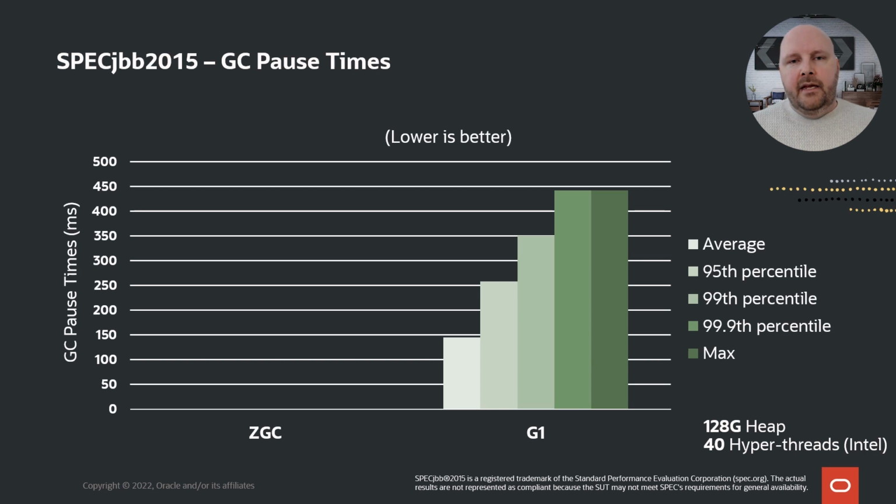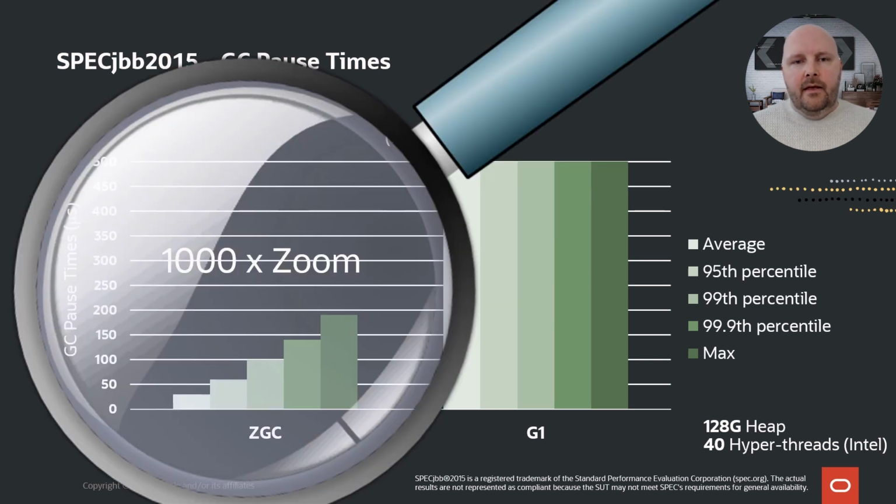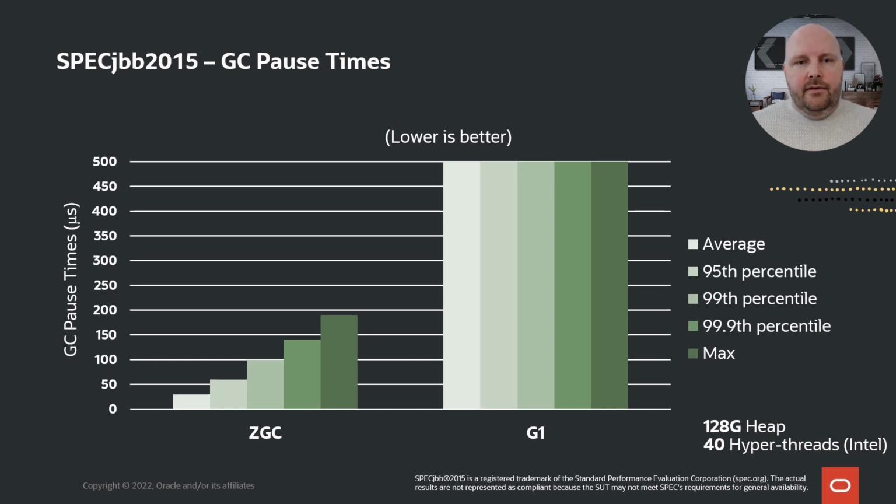So if I zoom in by a factor of 1,000, it looks like this. And now we can start to see ZGC's pauses. And if I just remove the magnifying glass here, it looks like this. So I've zoomed in by a factor of 1,000. In other words, changed the scale from milliseconds to microseconds. And then we see that ZGC has an average pause time of around 30 microseconds, which is pretty nice, and has a max pause time of 200 microseconds.